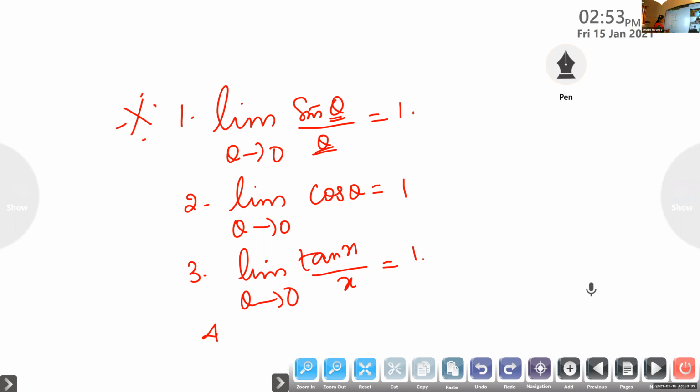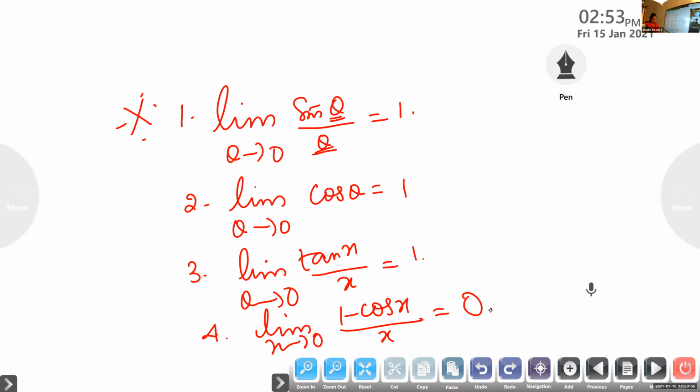Next, the fourth one: limit x tending to 0, (1 minus cos x) by x is 0.